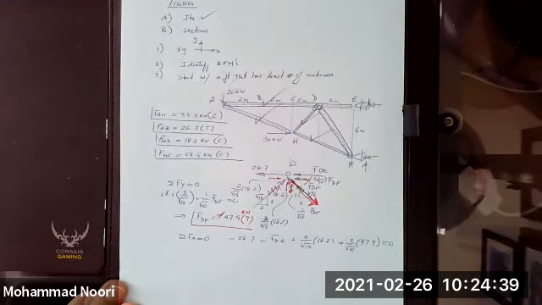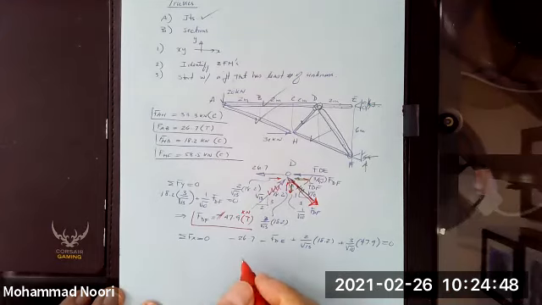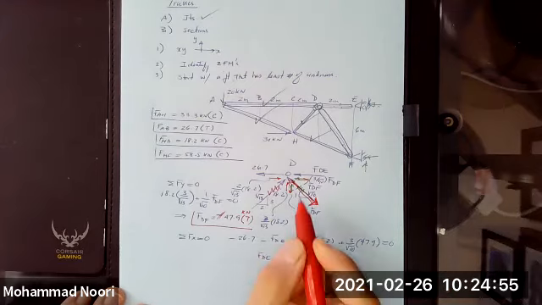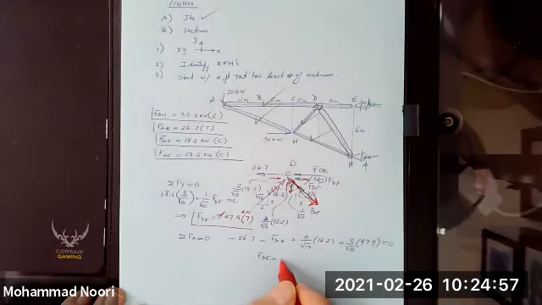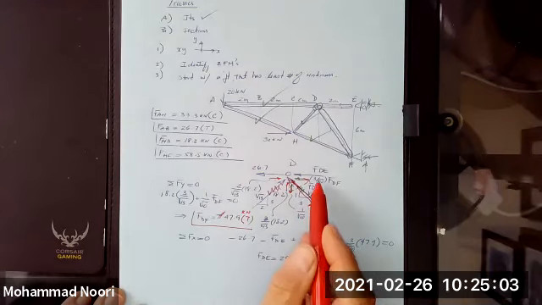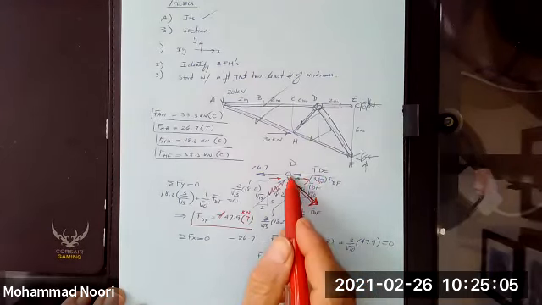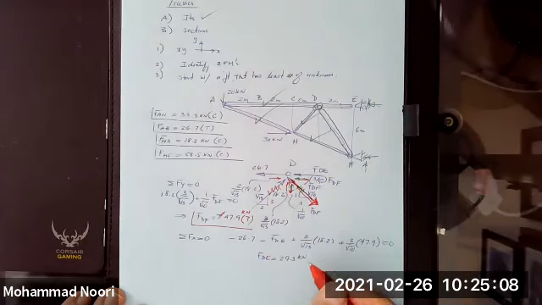If you write all of those, you can see that F_DE comes out to be positive 29.3 kilonewton. And obviously this force is coming towards the joint, so the corresponding member is in compression.